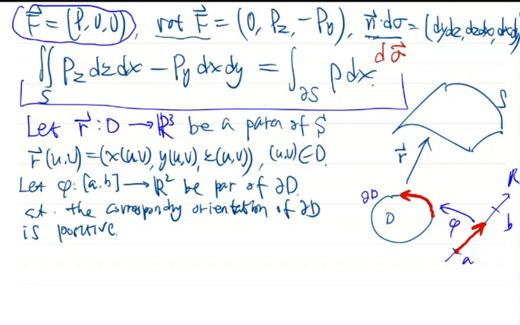Then we know that by the definition of the induced parametrization of the boundary, we denote by gamma the composition of R and phi, a map from [A,B] to three-dimensional space.